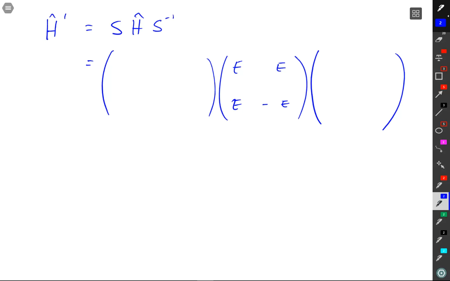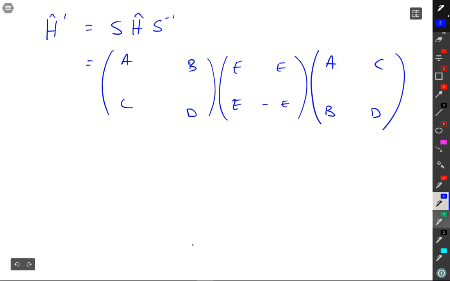To make life easy on us, I'm going to put A, B, C, D, A, C, B, D. That's just going to be a lot less writing. And then in the end, we'll look at what all of these A, B, and so on are.